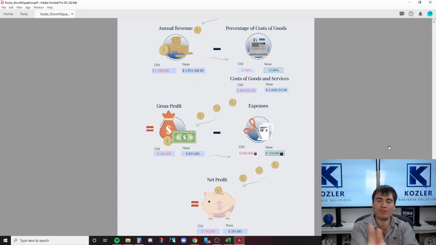We've said that if you just have $150K, could you increase all these different numbers by 1-2% overall? Most people should be able to do that. And again, we haven't even changed the cost of goods sold. If you did get better buying power, maybe this could become even better. But just by doing these few things, this business has gone from $140,000 to $283,000.